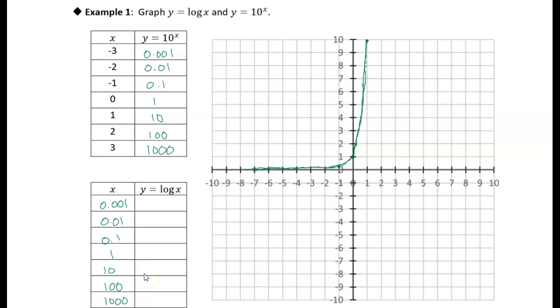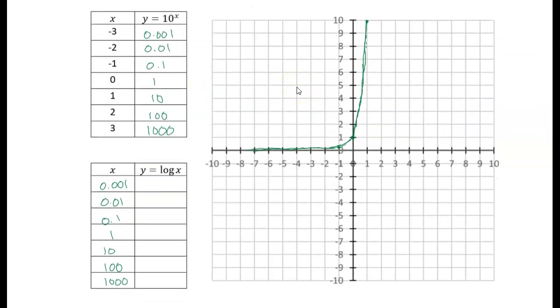And if you notice, they happen to be the output of the exponential function, right? And you probably learned in 108 that when you have a function and its inverse, the input becomes the output and the output becomes the input. So it makes sense that we would use the output of 10 to the x as the input to the log to get nice values out, right?